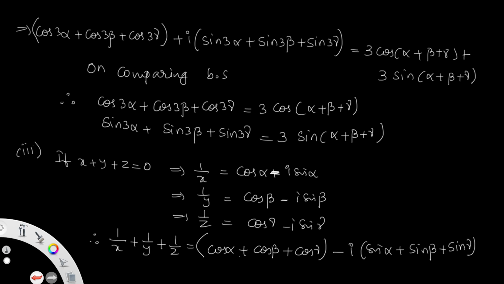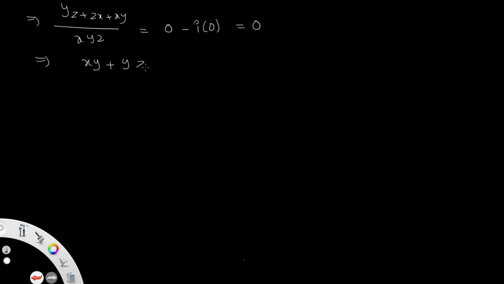Taking the LCM, that is xyz, we get yz plus zx plus xy. This is 0 minus i into 0, that becomes 0. So we get xy plus yz plus zx equal to 0.